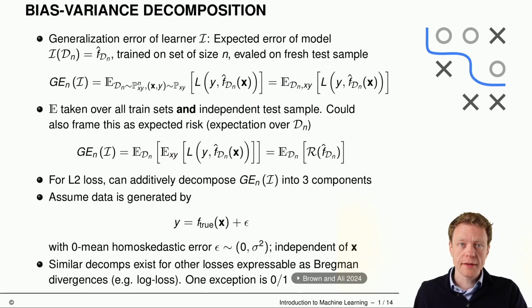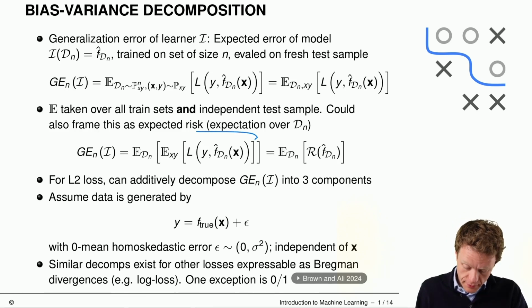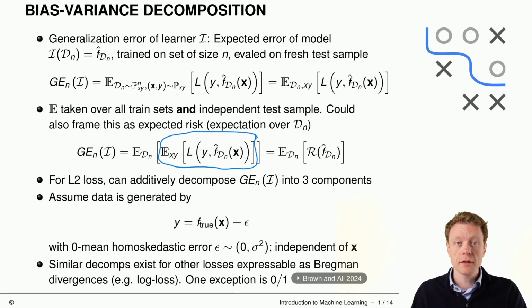But the thing inside the outer expectation is really just the risk of this model f hat Dn. It's just the expected loss of that model.